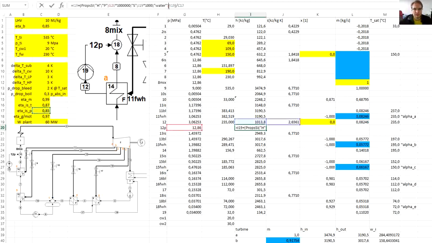And one more thing, the function of enthalpy then divided by 1000. So we have the enthalpy after the pump.